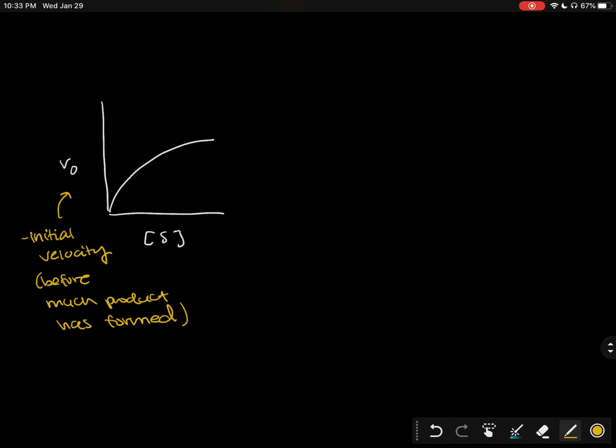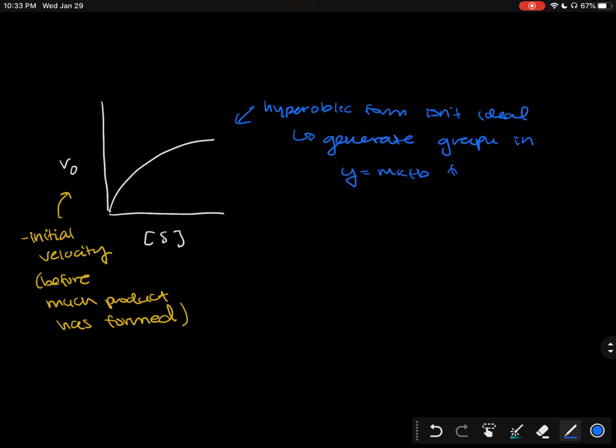This is obviously not the easiest thing to look at, because it's in a hyperbolic form. So let's generate a graph in y equals mx plus b format, because it's easier to work with.